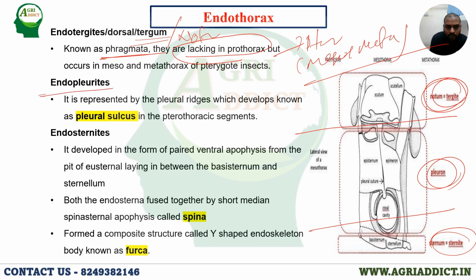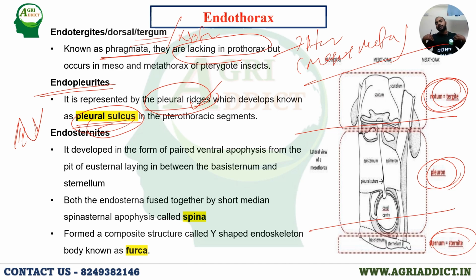Pleurites develop the pleural ridges, the pleural sulcus. As you know, furrows and ridges: a ridge is a hip-like structure, and a furrow is a down-like structure. In the thorax, there is a pleural ridge called the pleural sulcus. Why is there a ridge or sulcus?